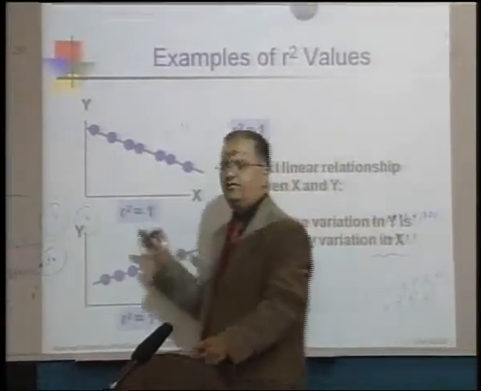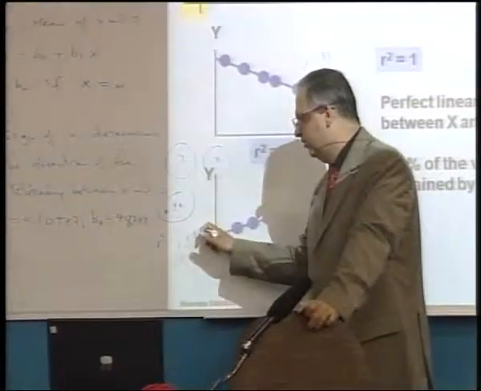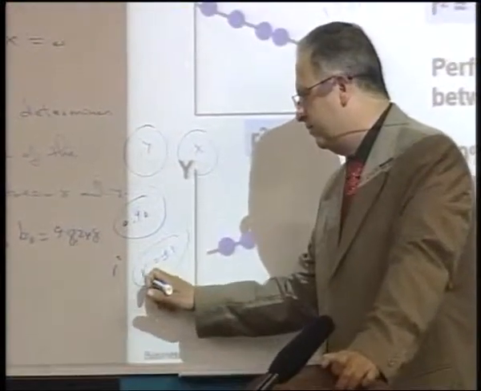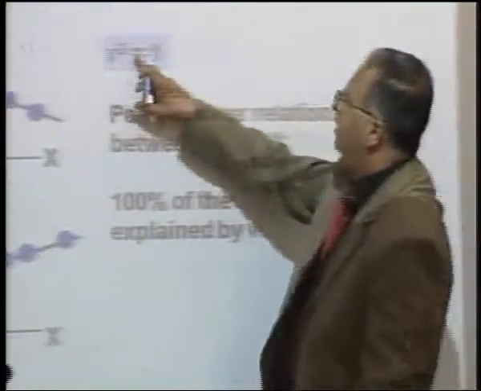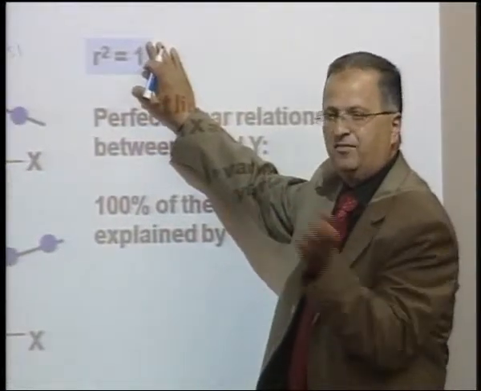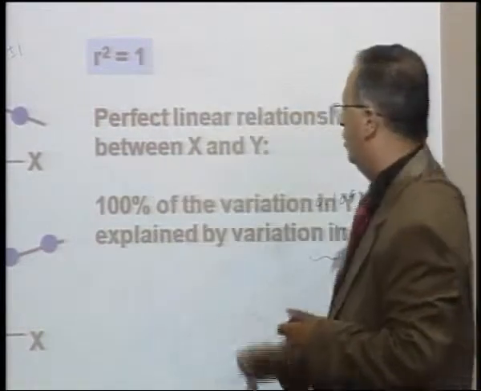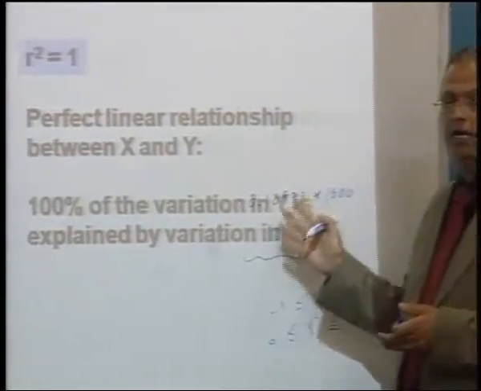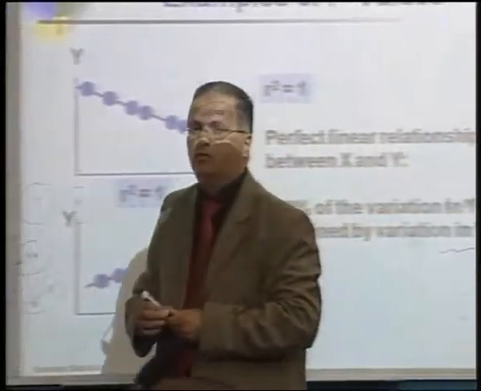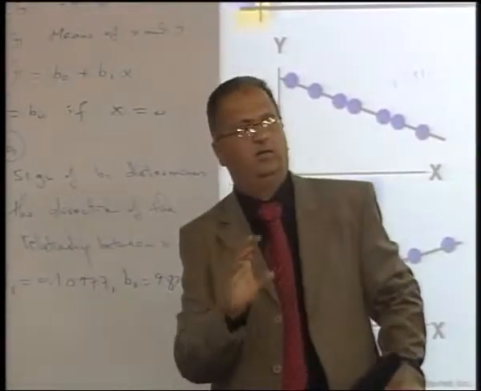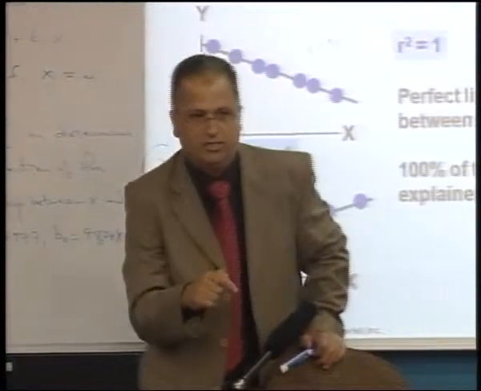And that never really happens in real life, because R equal to plus 1 or negative 1 cannot happen in real life. So R square always ranges between 0 and 1, and never equals 1, because if R square is 1, that means all the variation in Y is explained by the variation in X. But for sure there is an error, and that error may be due to some variables that are not included in the regression model.